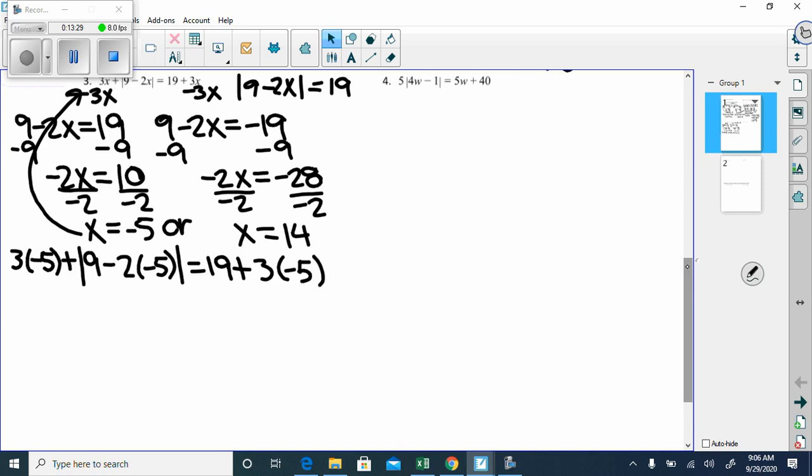All right, we want the left side to simplify to be the same as the right side. So over here, I have 3 times negative 5, which is going to give me negative 15, but I can't add it to this just yet. All right, got to simplify inside of there. So multiplication first. Negative 2 times negative 5.